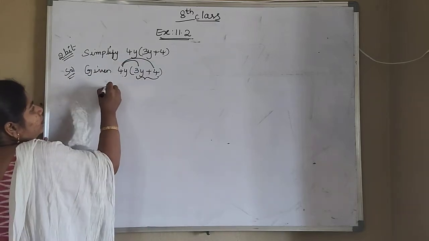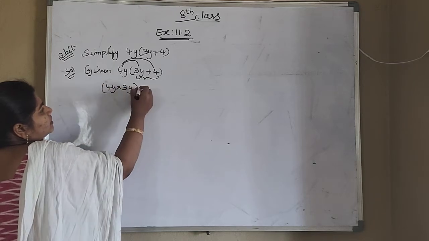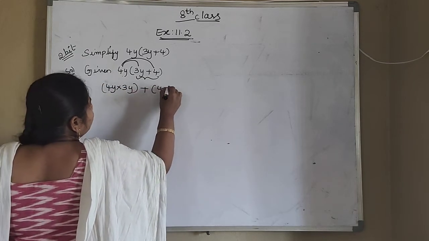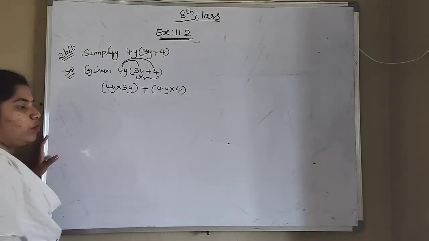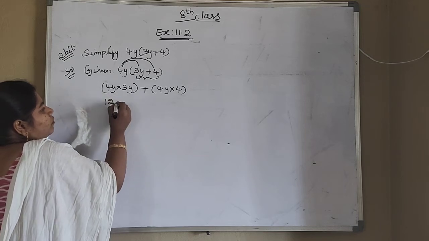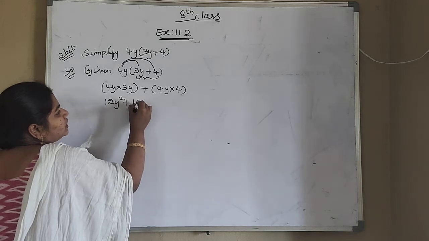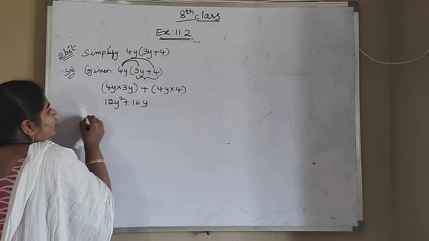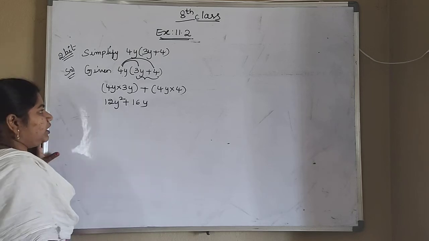So 4y into 3y, plus 4y into 4. Now multiply the coefficients first. 4 3s are 12, y into y is y square, plus 4 4s are 16 y. So you got 12 y square plus 16 y.